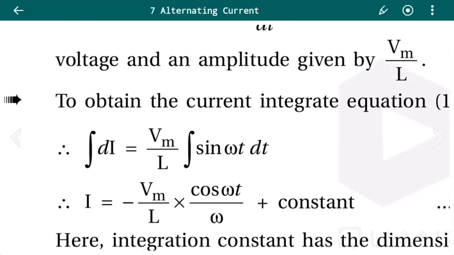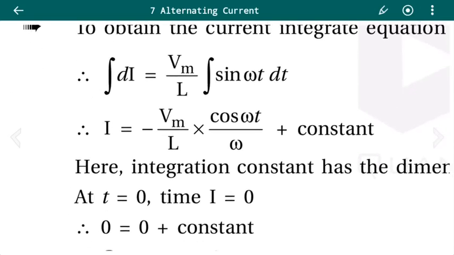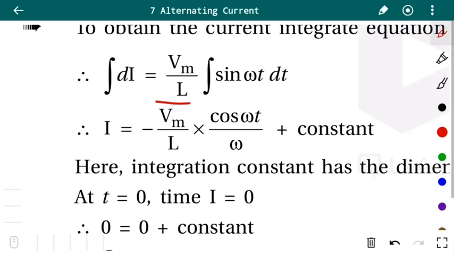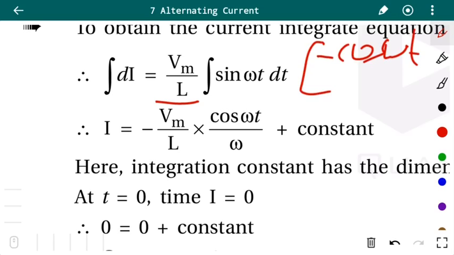So integration of di equals integration of Vm by L sin omega t dt. Taking Vm by L outside and integrating sin omega t dt: on the left hand side, integration of di becomes i, equals Vm by L times the integration of sin omega t, that is minus cos omega t divided by omega.